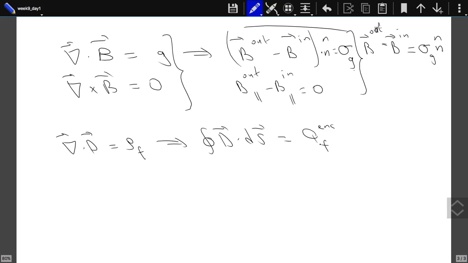This will always be true, whatever closed surface you imagine, but it will not always be useful. It will be useful if your system has sufficient symmetries, like spherical symmetry or cylindrical symmetry.